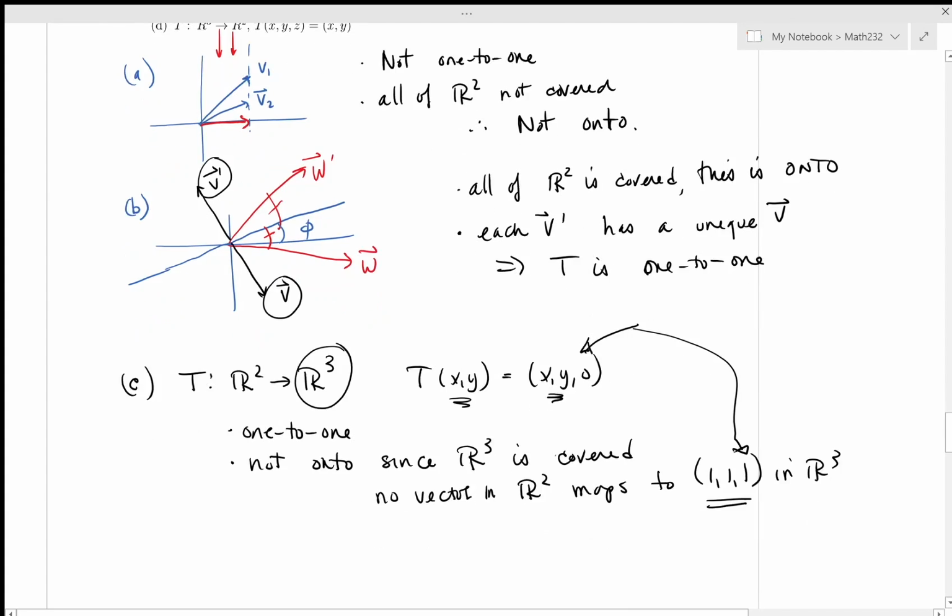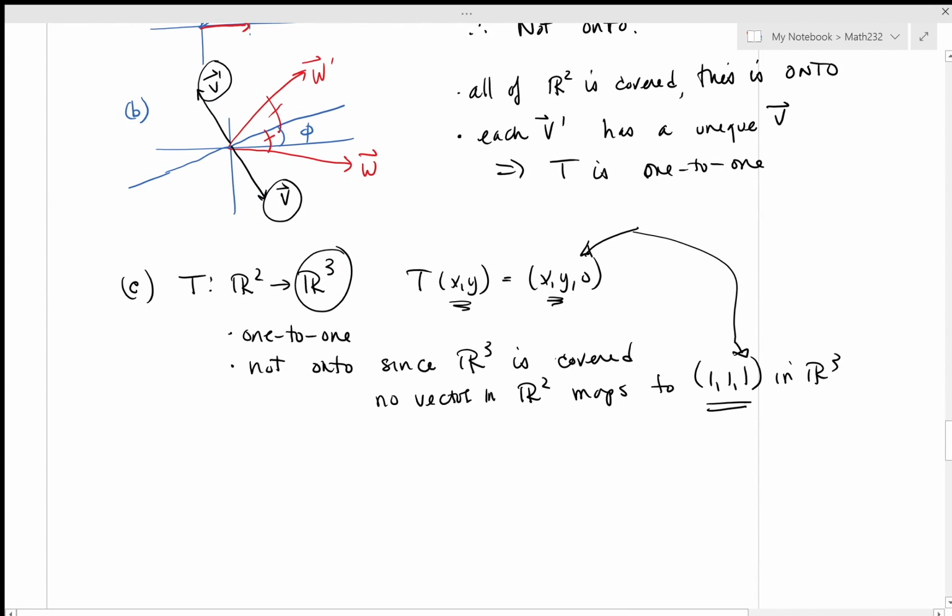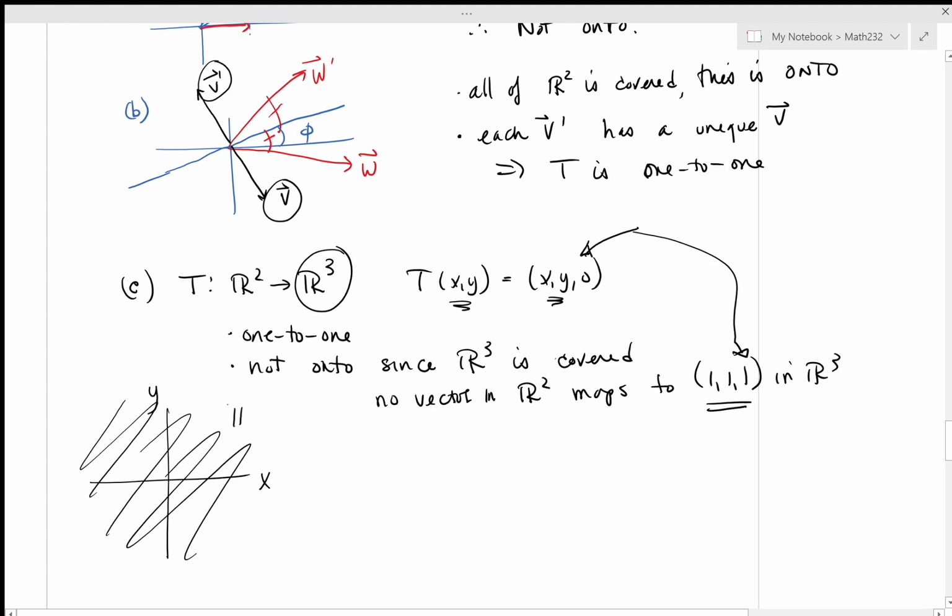Okay, what does this look like? This is a mapping that looks like this. Your domain is R2, so that's this guy here, the whole thing, R2. That is our domain. And then it maps into R3, which I'll draw like this.